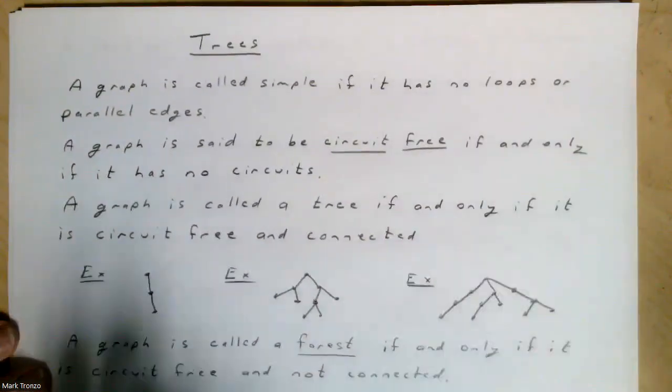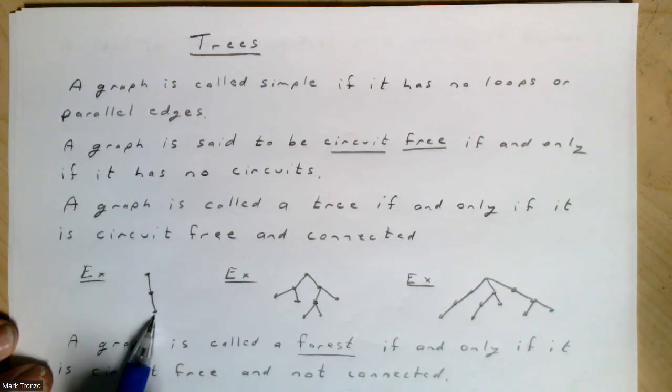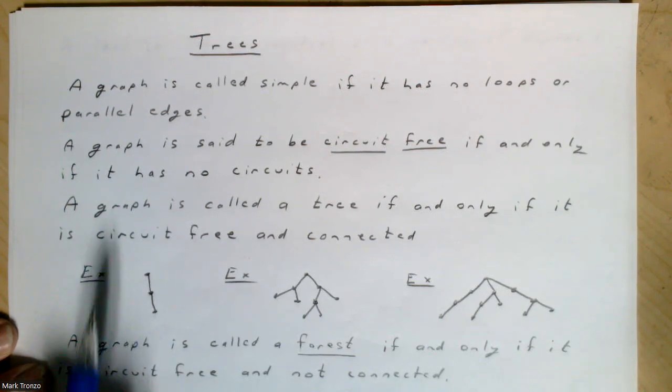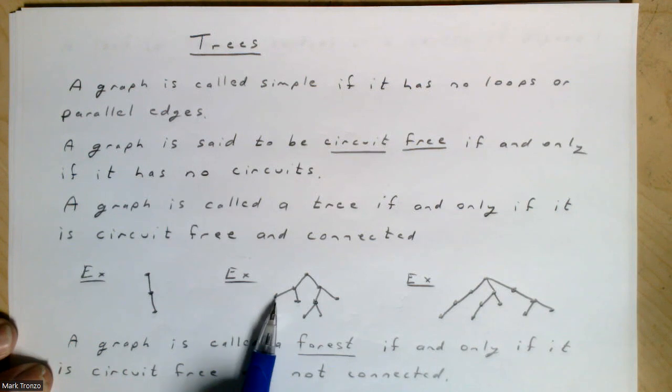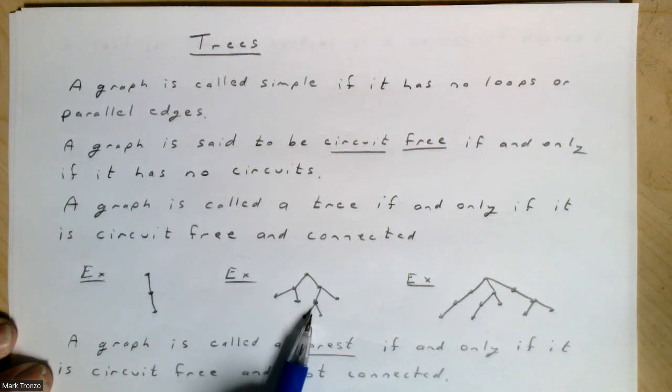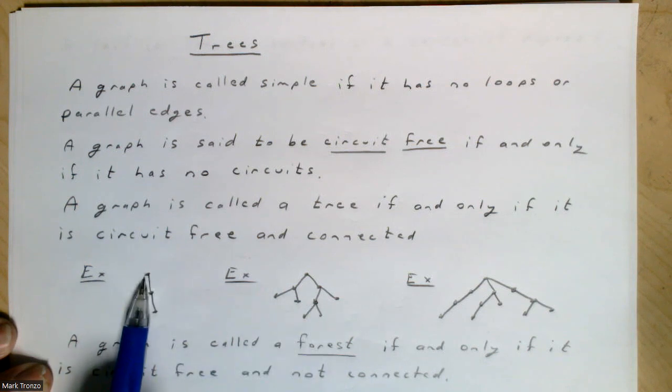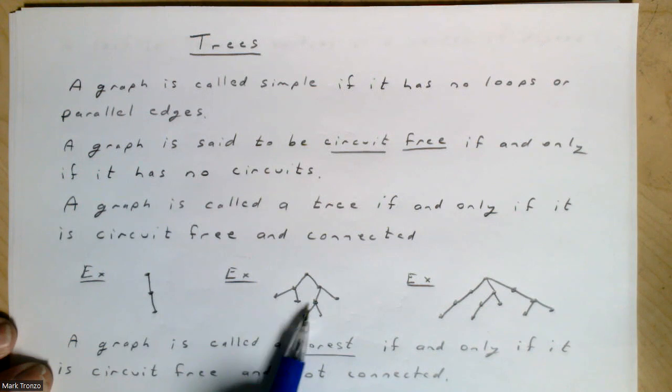Let's look at some of these. This has degree 1. This has degree 1. Normally it's called a leaf because it would be at the end of the tree. Here, this leaf is at the beginning, but you'd think of a leaf being at the end of a tree.